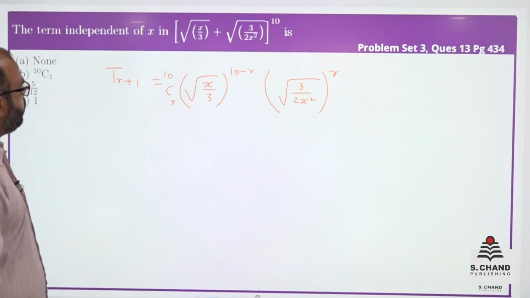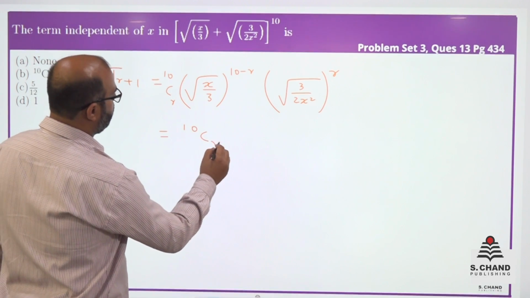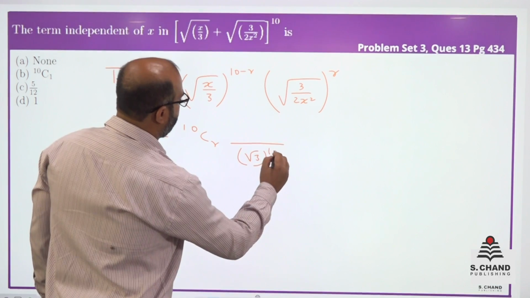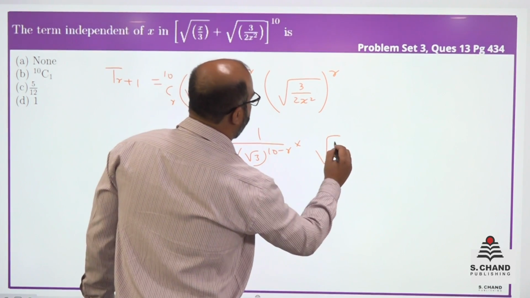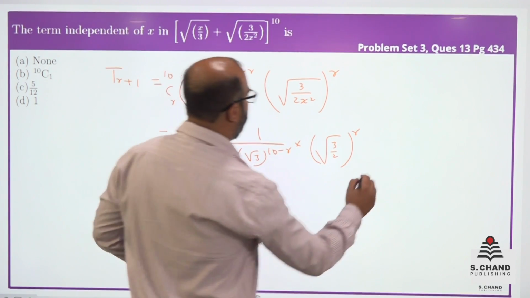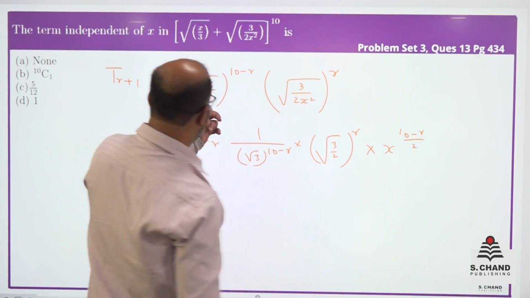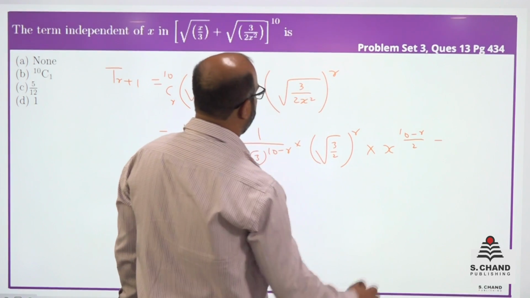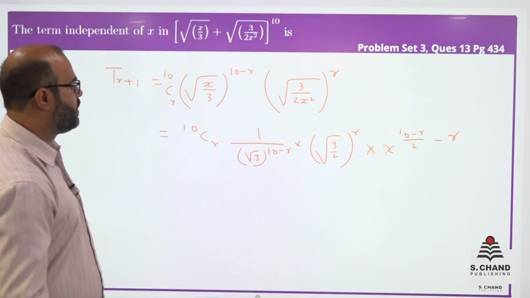This will become 10 C r, root 3 to the power 10 minus r, and from here root over 3 by 2 to the power r. And what about x? x to the power 10 minus r by 2 from the first term, from the second term minus r, as a square and square root will cancel.